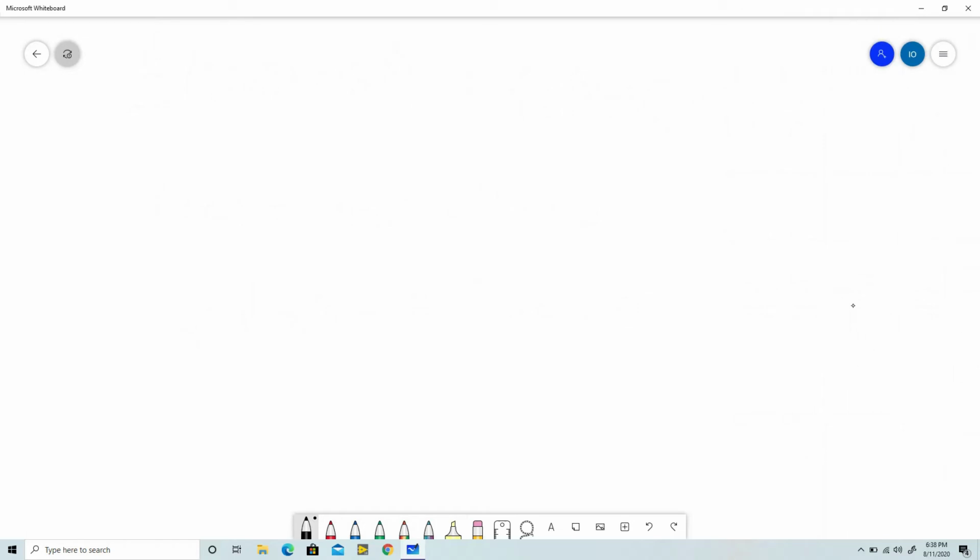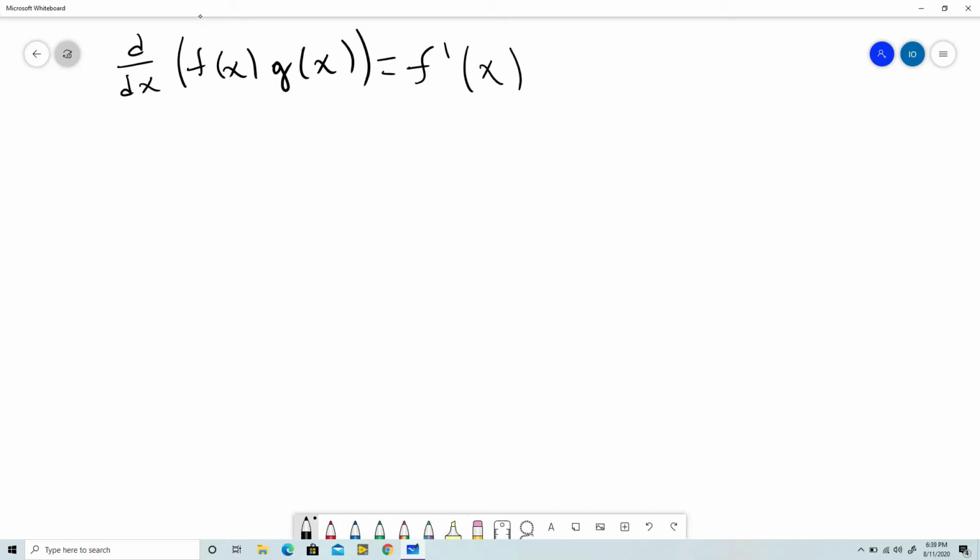Now let's move on to the product and quotient rule. So say you had d over dx of f of x times g of x. That's equal to f prime of x times g of x plus f of x times g prime of x.